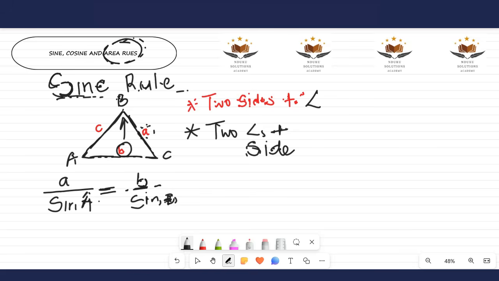I think I need to clear up my screen. So it's b over the sine of B. I hope you can see, guys.